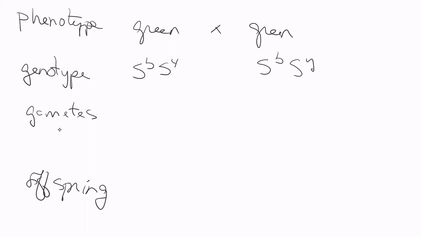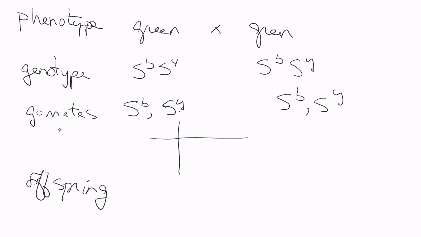So the possible gametes are SB and SY in both cases. And just like when we did the monohybrid cross, we'll set up the Punnett Square here, and we've got SB and SY as the two possible gametes.